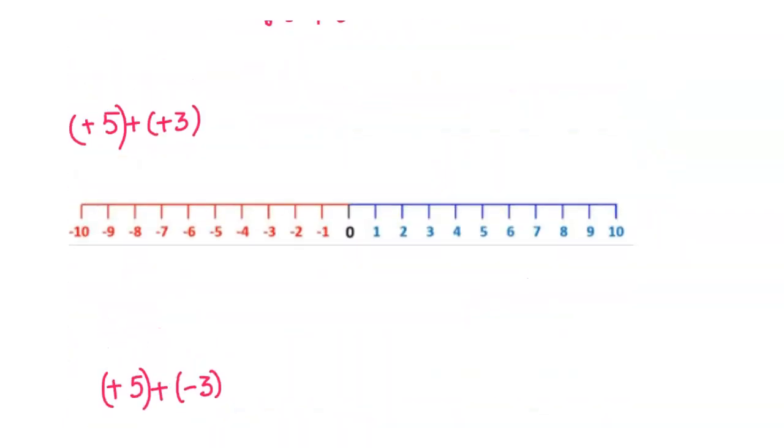We did this in grade 6, that whenever we add a positive integer, we move towards the right side. So positive 5 plus positive 3. Positive 5 means that we are already on positive 5.